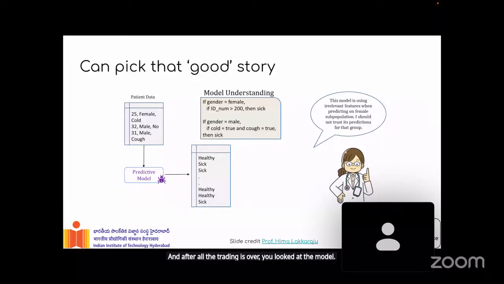The model says this is the algorithm. If the gender is female, go to the ID number, check if the ID number is 200 or greater than 200, then predict sick. And if the gender is male, also if there is cold and cough, then predict sick. Now, do you think this is a good model?